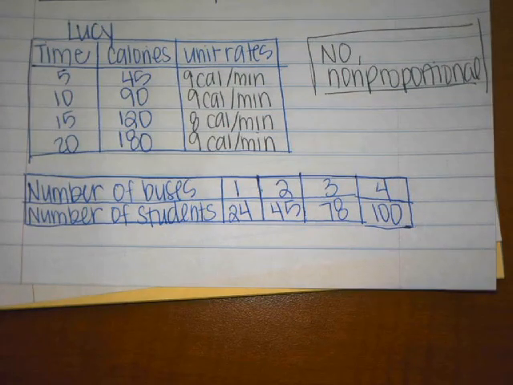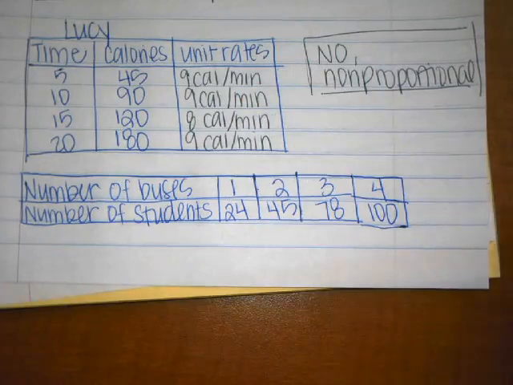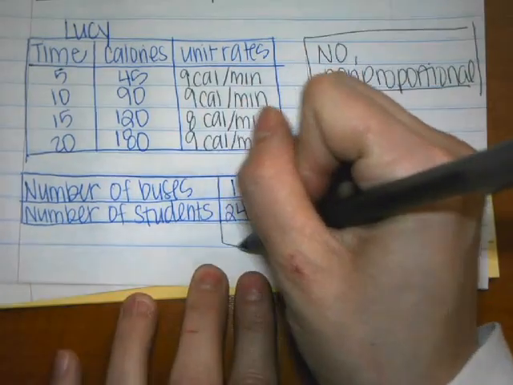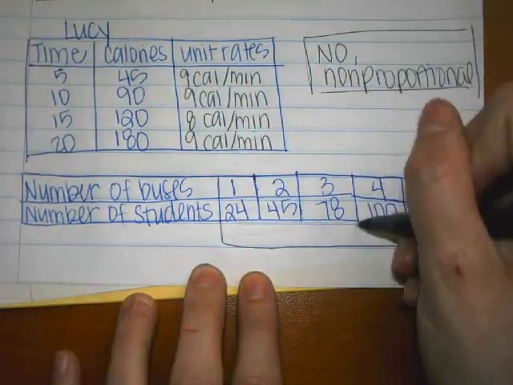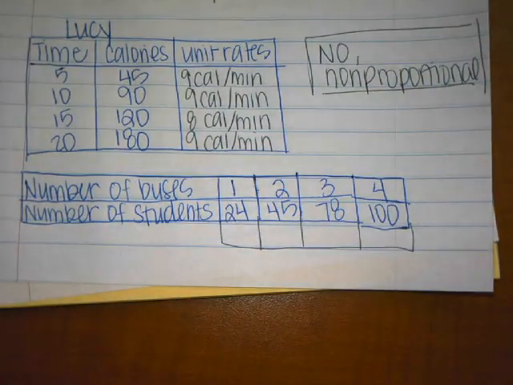I want to know, is this a proportional relationship, yes or no, using what we did up above. So you need to, down below, give me the unit rate for each, and then tell me yes or no. Go.